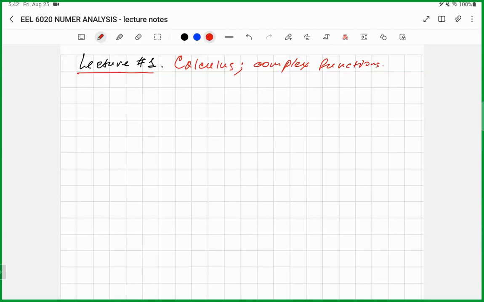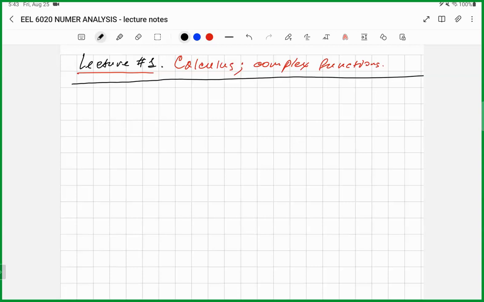So again, this course is graduate level, and all these concepts, including calculus, complex functions, vector operations, fields, are a part of your prerequisite. So you are supposed to be already aware of all these concepts that I plan to talk about.